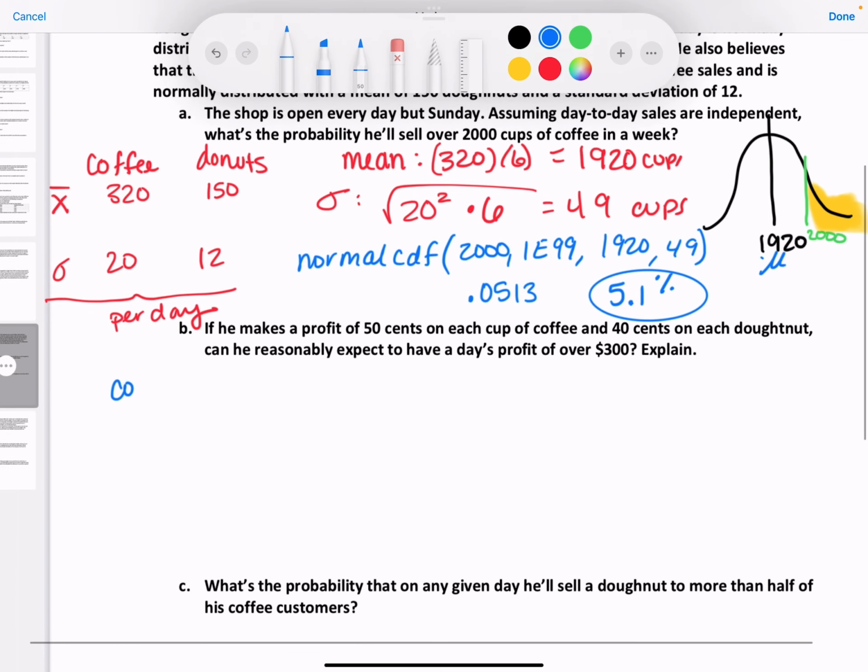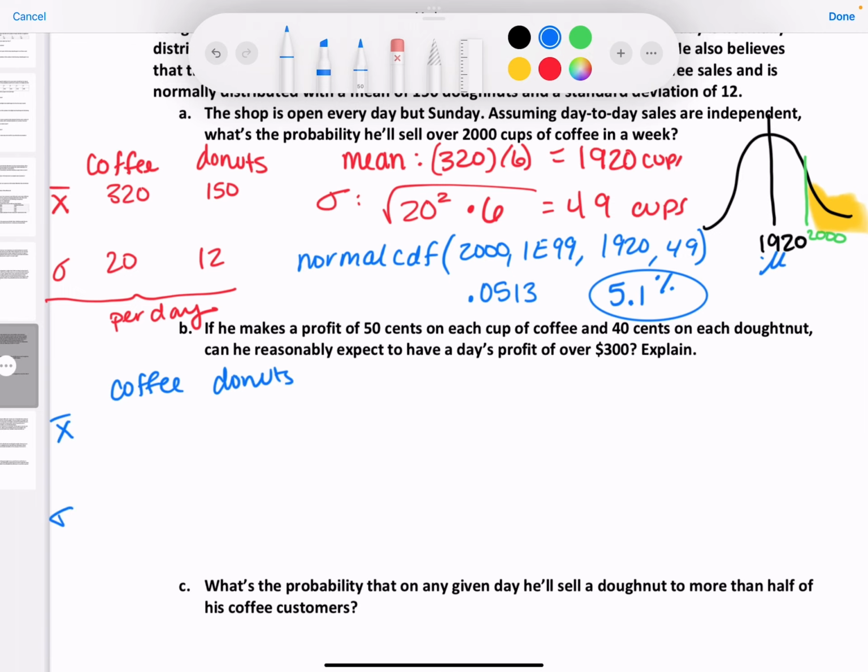So coffee, donuts, X bar, sigma. So 0.5 times 320 is $160. So for each day, he would expect to make $160 on coffee.